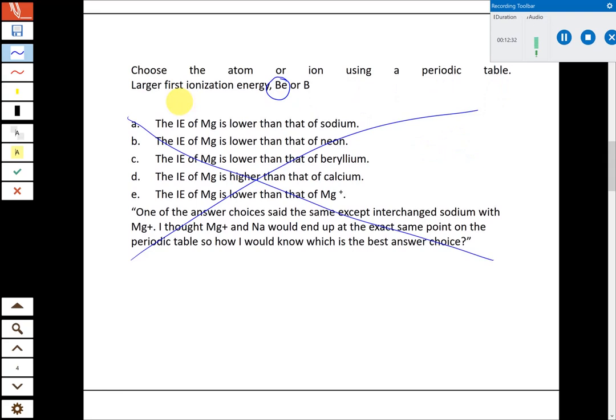So think about the trend again, it looks something like this, where you have, as you go across the groups, 1, 2, 3, 4, 5, 6, 7, 8, this is ionization energy. There's a general sort of linear increase as you go across.